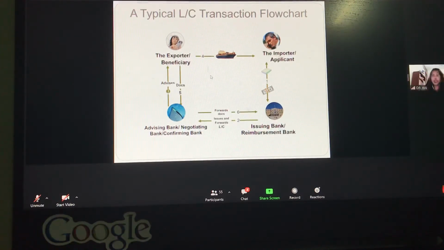And now imagine all documents, including commercial documents and BE, in the hands of the nominated bank. After step number 5, all documents are in the hands of the nominated bank. Okay, so now before the nominated bank transfers documents to the Exim Bank, what does the nominated bank do?